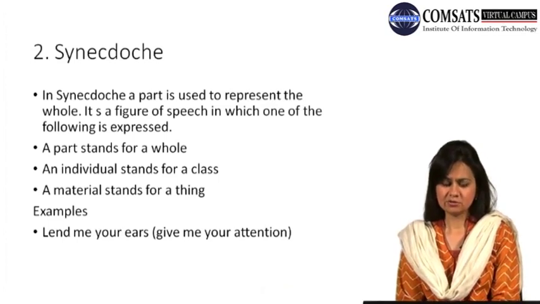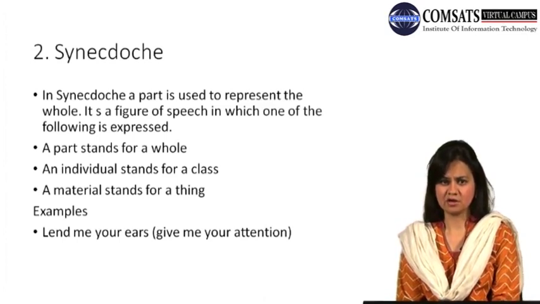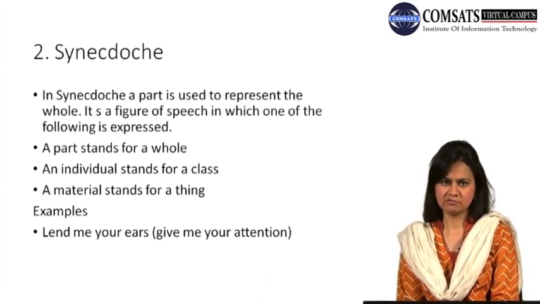So it may also use individual, which may stand for a class. Individual standing for a class, that is representing a group, a student or a teacher. And then there might also be reference to a material that may stand for a thing. A material stands for a thing. For example, if I say that you're wearing a nice fleece, you're wearing nice tweed.